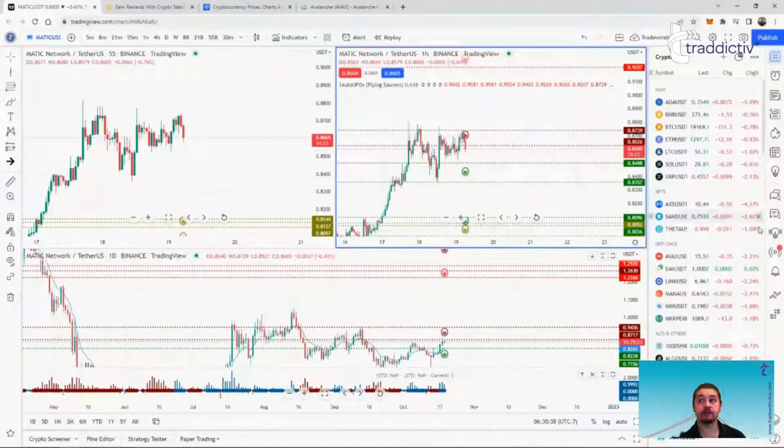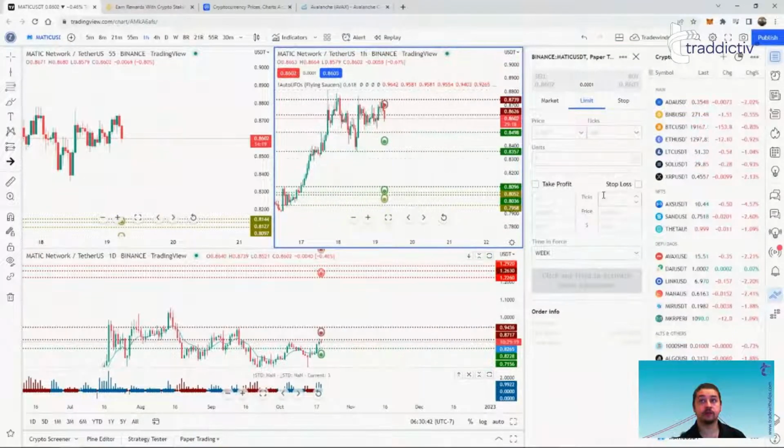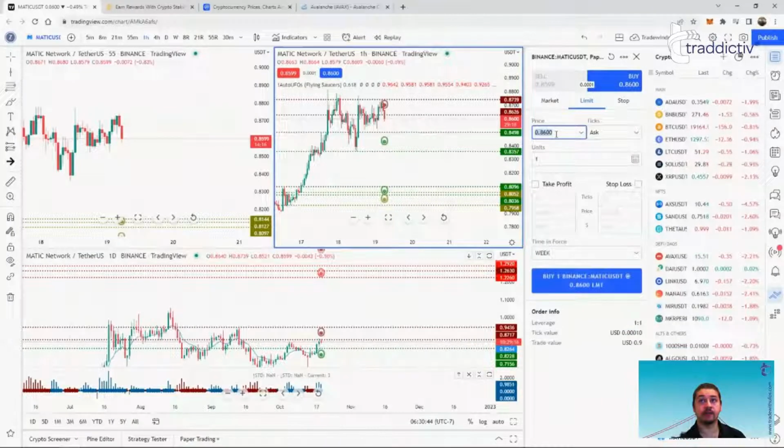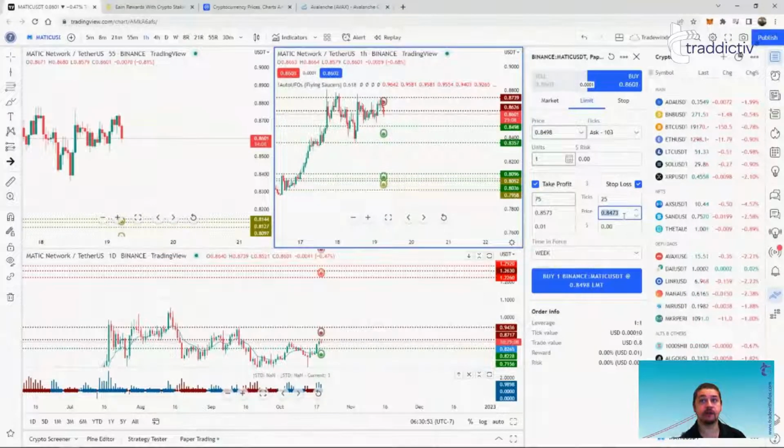Let's go ahead and put this on. So we have buy at 0.8498. Take profit, stop loss. We said it's going to be down here at 0.7958.